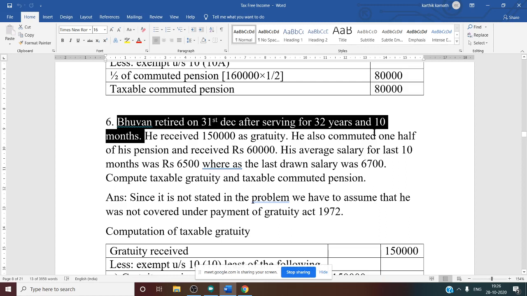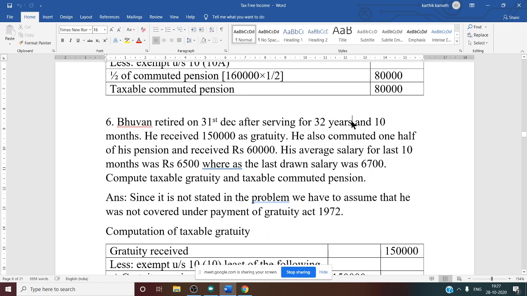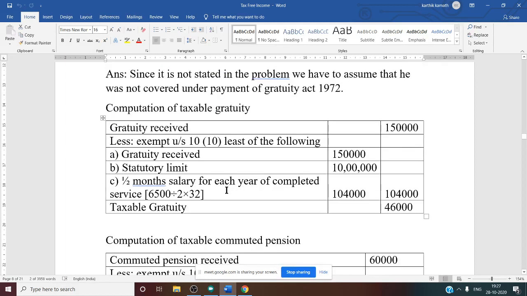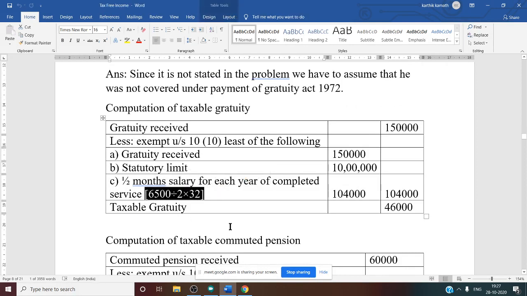In the case of not covered, whatever fractional days or months are given we should not consider, only completed years, because the not covered condition does not mention part thereof in excess of 6 months. That is why 32 years. So 6,500 divided by 2 into 32 is 1,04,000.